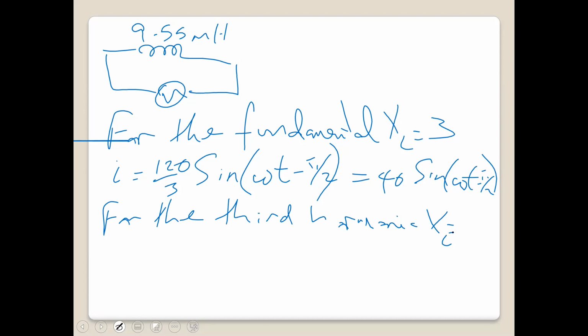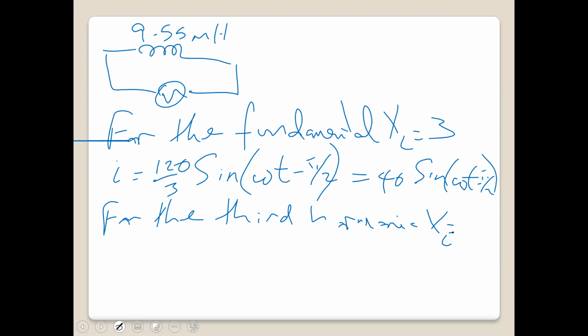What is XL equal to? What do we mean by third harmonic?